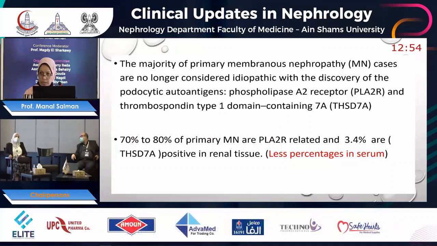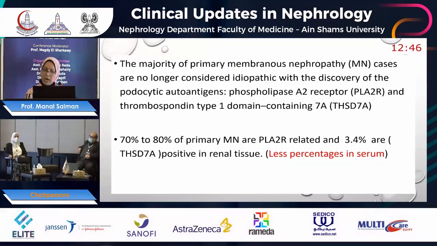This means that we can search for these autoantibodies in the serum and in the tissue. Their percentage in the tissue is higher, and higher and stronger for the anti-phospholipase A2 receptor.